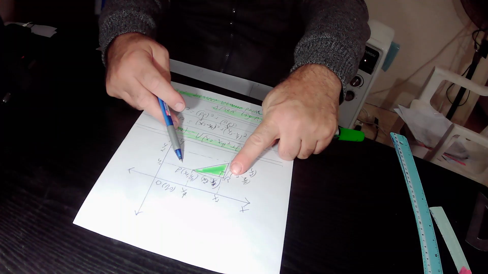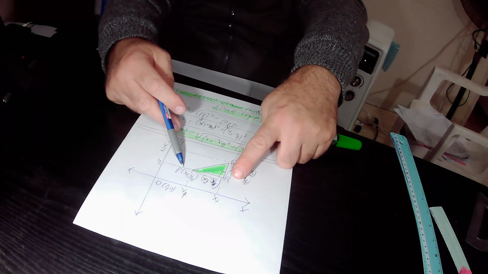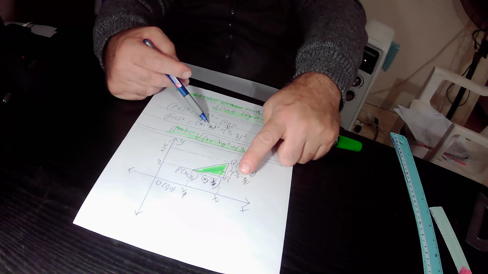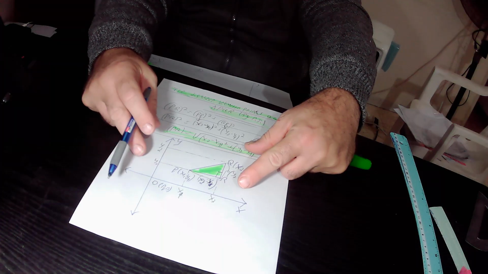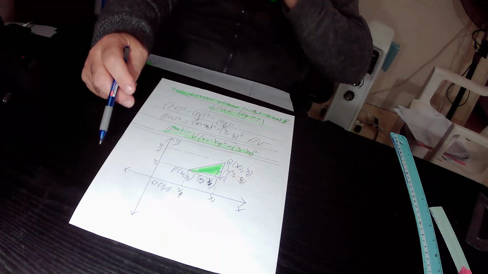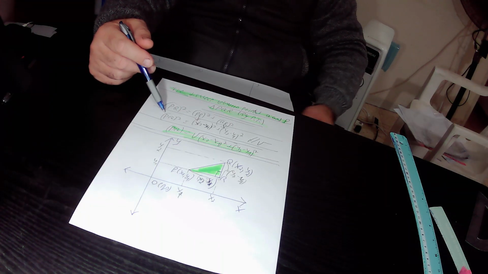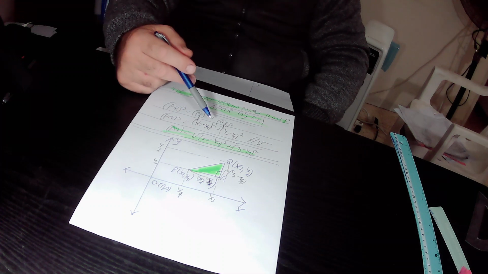PR equals x2 minus x1, therefore PR square equals (x2 minus x1) square, plus QR square. QR equals y2 minus y1, therefore QR square equals (y2 minus y1) square. So in total, PQ square equals (x2 minus x1) square plus (y2 minus y1) square.